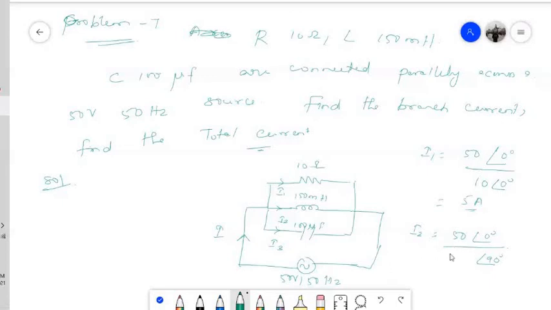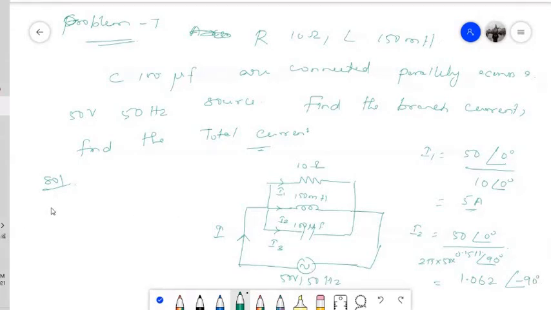XL will be 2 pi F into L. So this is 2 pi, F is 50, L is 150 millihenry, which means how can I convert this to Henry? It is nothing but 0.15 Henry. So I will get this to be 1.062, and 0 minus 90 will give minus 90 degree.